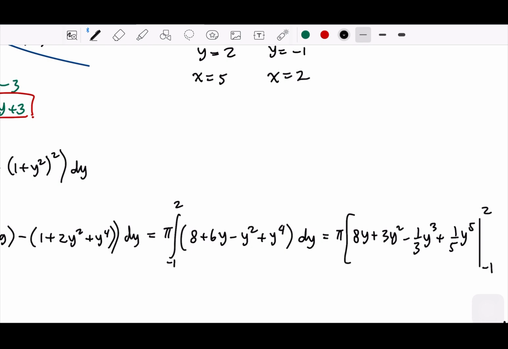So a little bit of calculation here. Pi times 16 plus 12 minus 8 over 3 plus 32 over 5. Yeah, not really a good number.